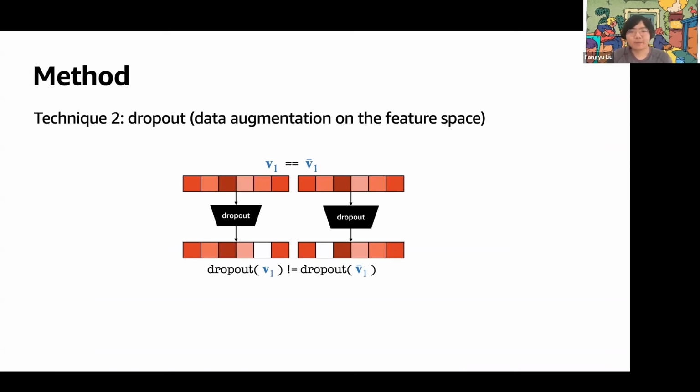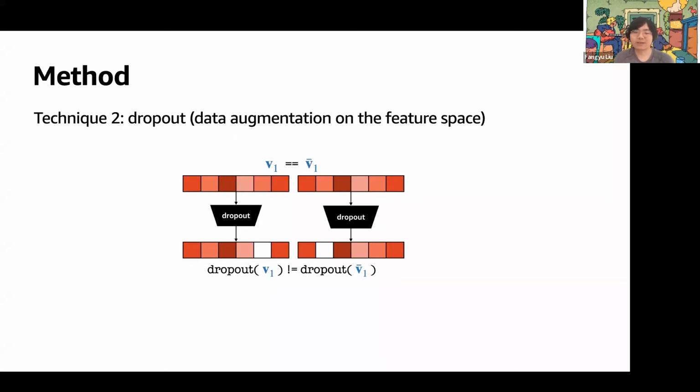And the idea is that if we input the same text sequence to the BERT model twice during training time, their outputs would actually be slightly different because the dropout masks will be independent. And this gives us some freedom of applying data augmentation because this is inherent to BERT models. We don't need to implement anything.